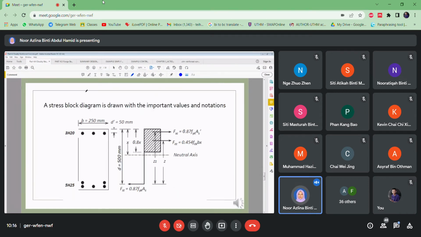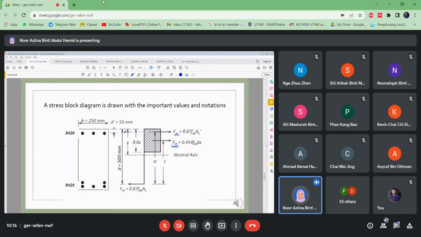Then you have to understand this stress block diagram also. Okay, so because of compression reinforcement, kita punya internal forces bertambah. Okay, so ada FCC for the force of concrete in compression, then we have FSC according to the steel in compression here.